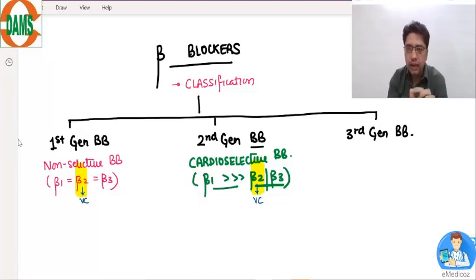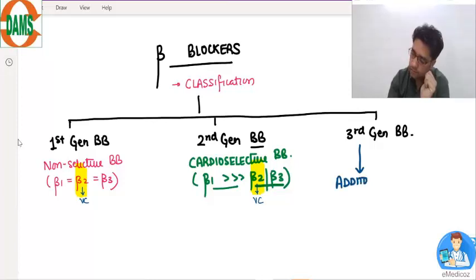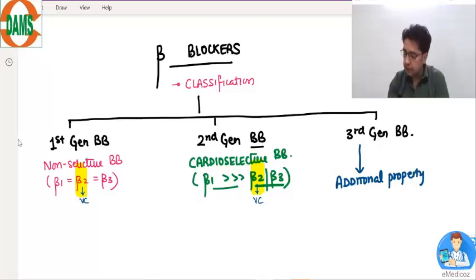Hence, now we have third generation beta blockers. Third generation beta blockers have some additional property. Due to that additional property, they are vasodilators.